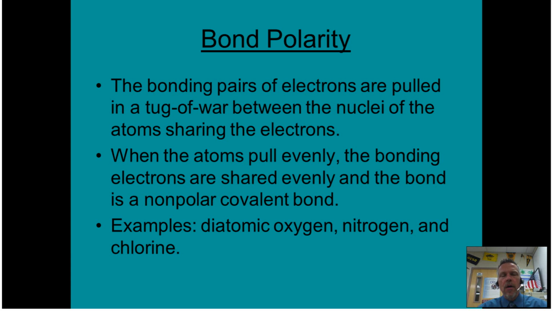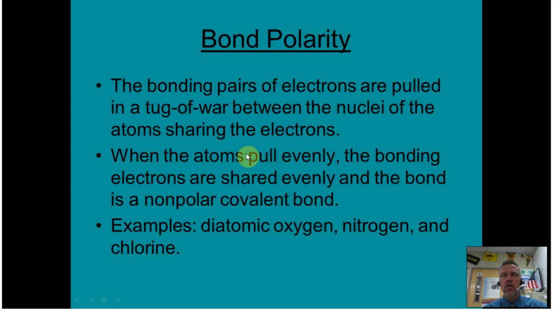So a covalent bond is made up of a pair or more of electrons that are shared between two nonmetals. And this bonding pair of electrons is kind of tugged back and forth between the two atoms that share those electrons.